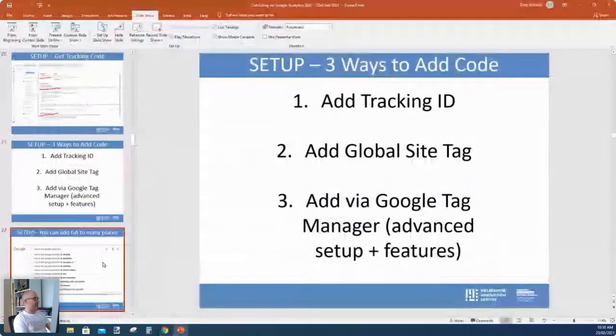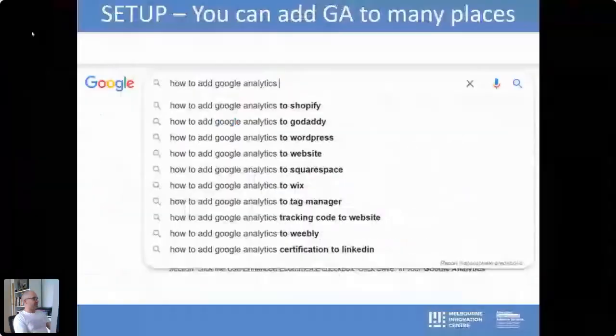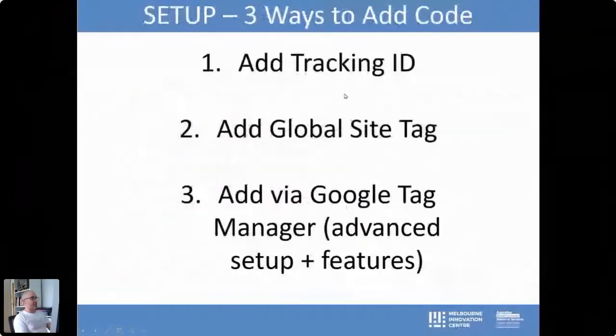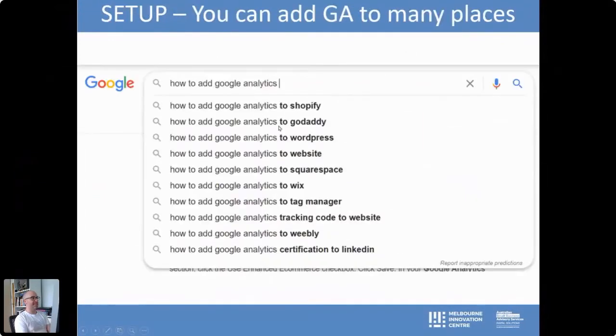Okay, so I'll just jump back to the slides. So with those two pieces of information, either the tracking ID or the global site tag, the next step is to add that into your website so that Google Analytics can start collecting that data. There are many ways you can add it. You should be able to add that tag to any type of website that you have.